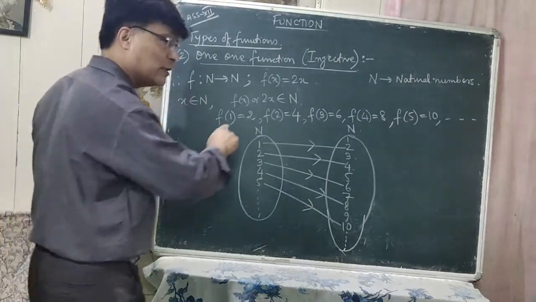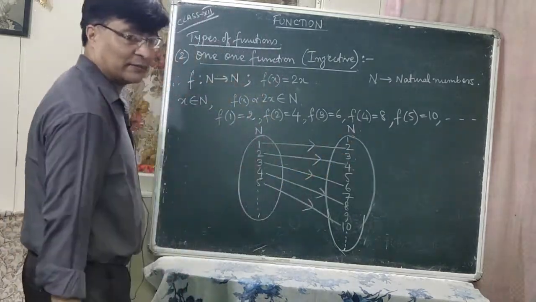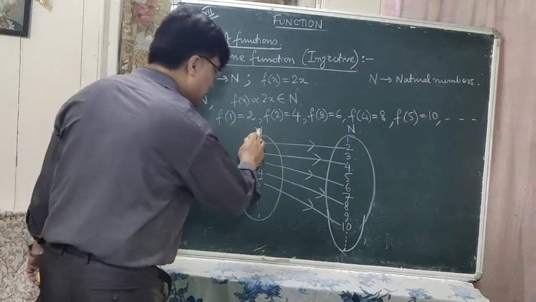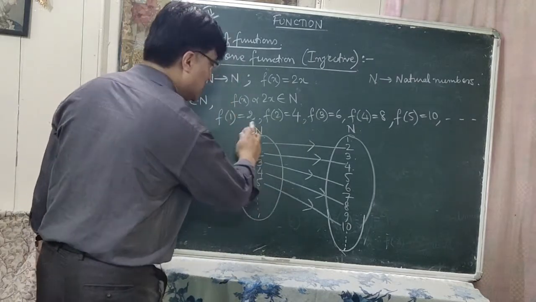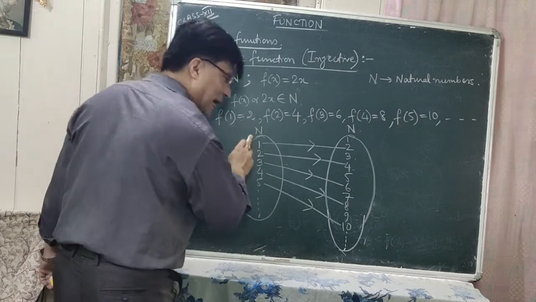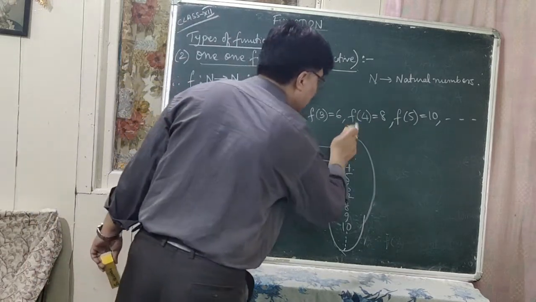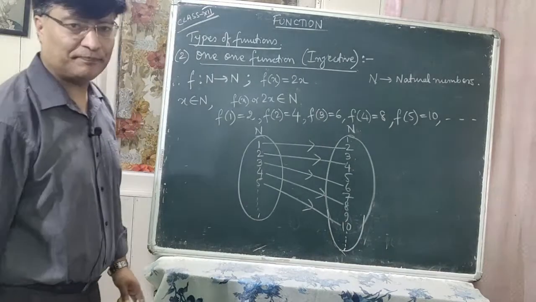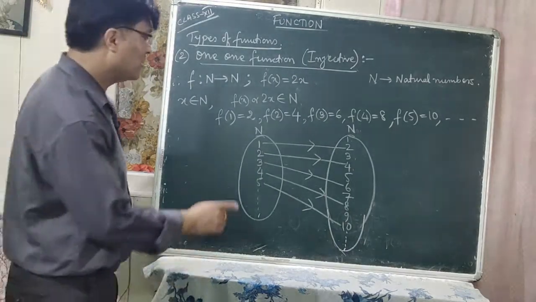So there is a 1-1 relation here. That is, distinct elements of the set n have distinct images in set n. Is that clear?